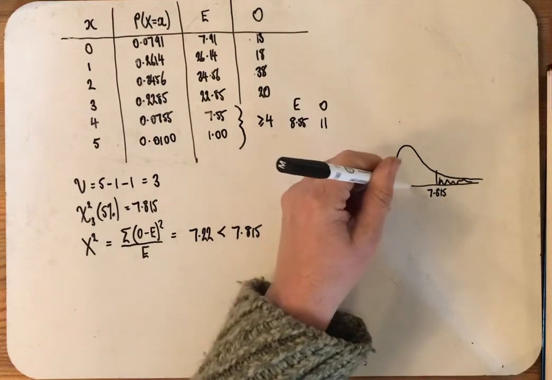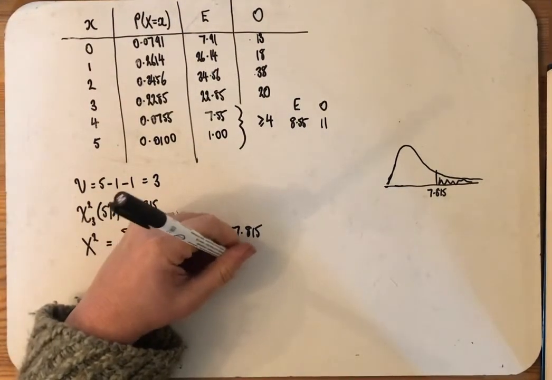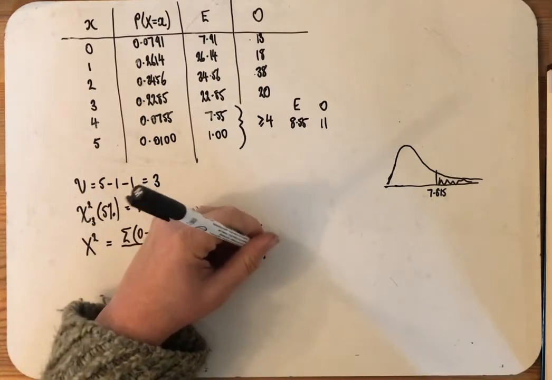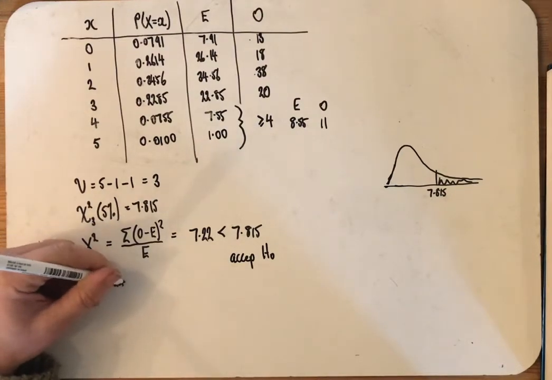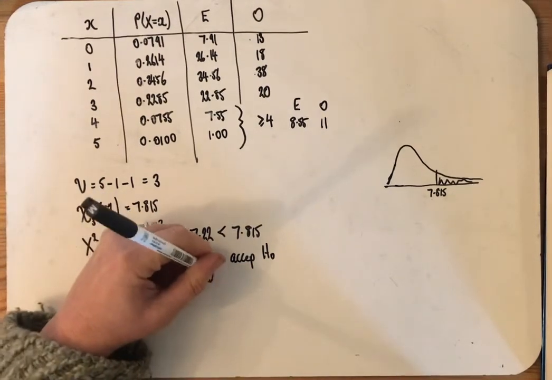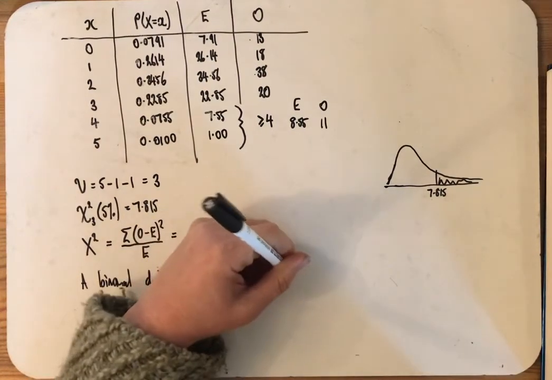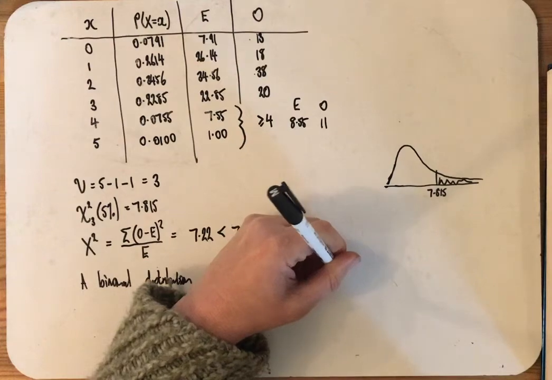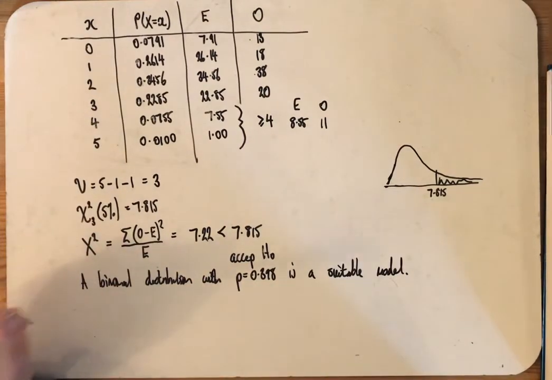And then the further you go this way, the worse the fit is to the model. So because it's closer to 0 than the critical value, you accept the null. So a binomial distribution with p equals 0.398 is a suitable model. So hopefully that all feels okay.